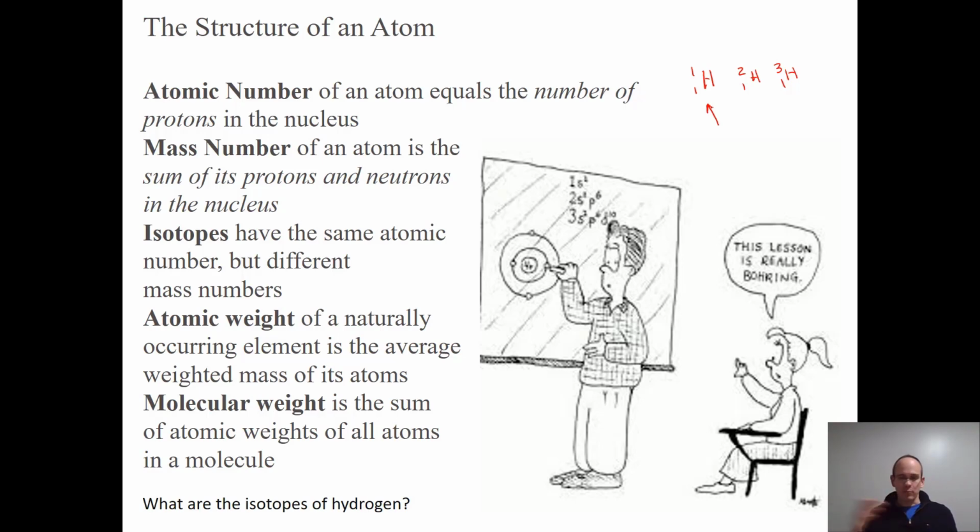I will slip up and I will do this all day long, I will call hydrogen atoms protons. The reason I call them a proton is because hydrogen atoms, especially if they don't have any electrons, are composed of just a proton. There are no neutrons, right? That atomic mass number is telling you that there are no neutrons.